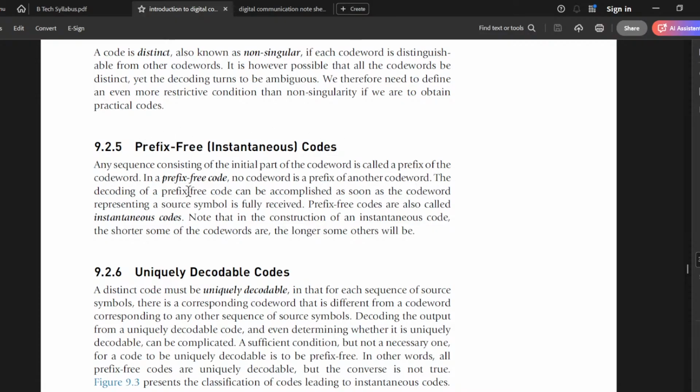Decoding of a prefix code can be accomplished as soon as the code for representing a source symbol is fully received. Prefix free codes are also called instantaneous codes. No code word is a prefix of another code word.